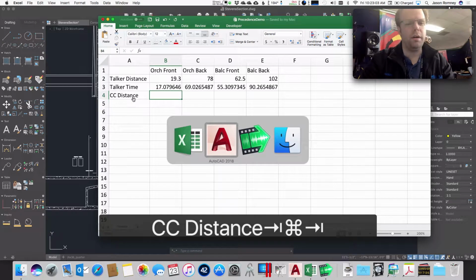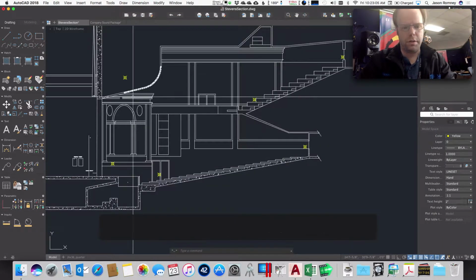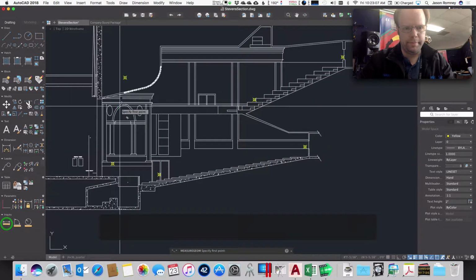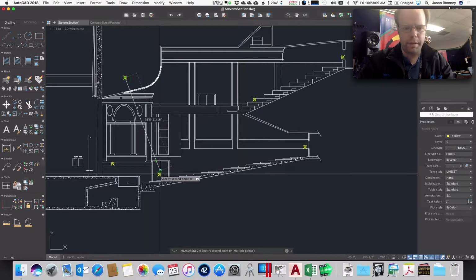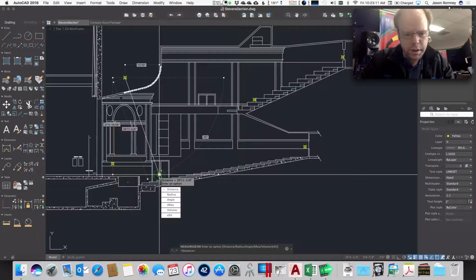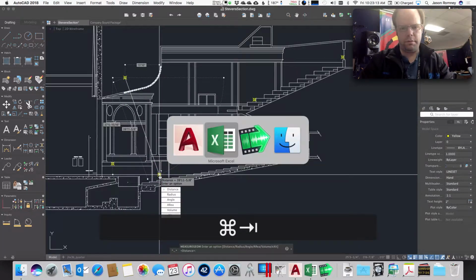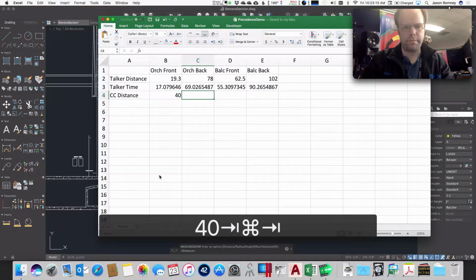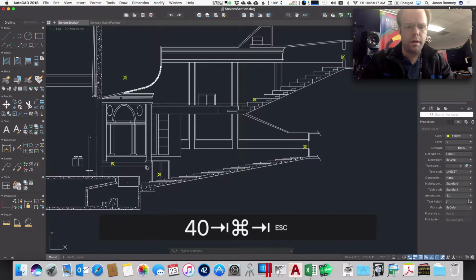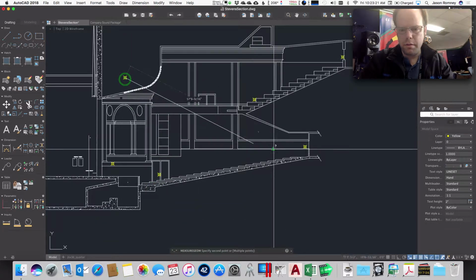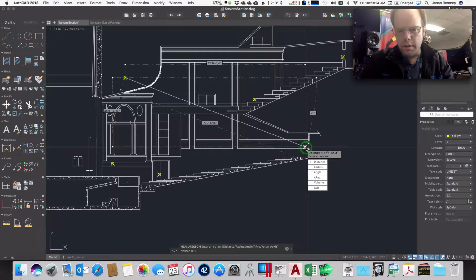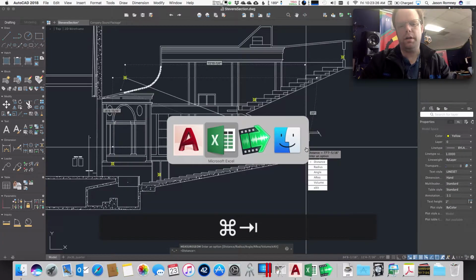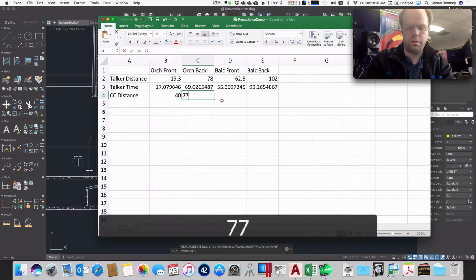Let's find out how far away the center cluster is to each of these places. The center cluster is 40 feet away from the front row. And the center cluster is 77.5 feet away from the back row orchestra.